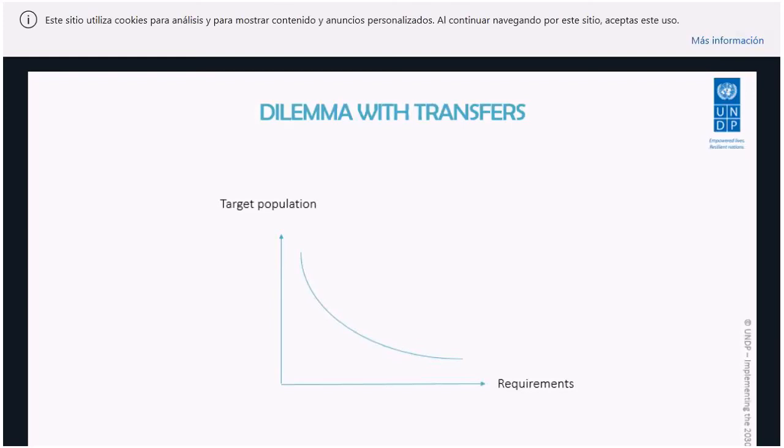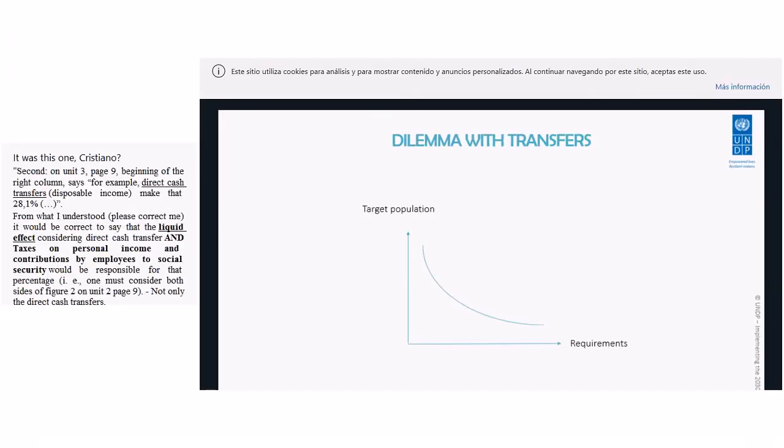National accounts have a part that is the income from the households, and usually there is a mismatch. So in national accounts you have a total amount of household income that is much higher than the total amount of household income reported in income surveys. So some people suggest you could adjust that and then measure income poverty again, and that second measurement of income poverty would be more accurate.